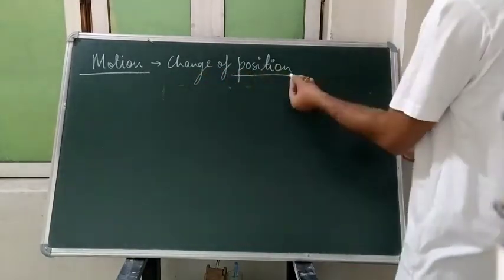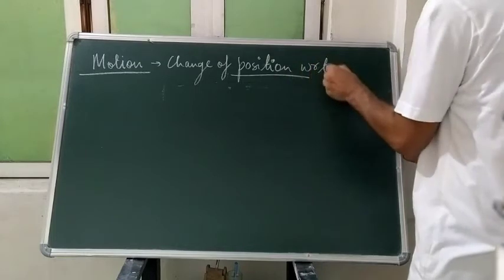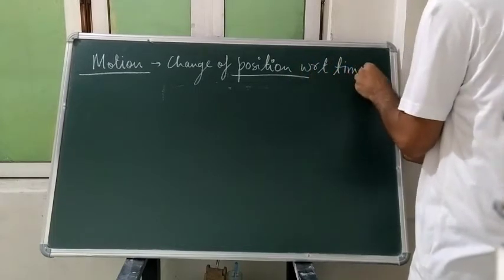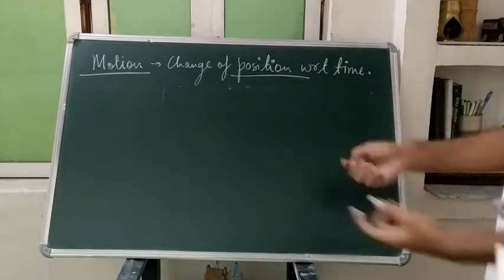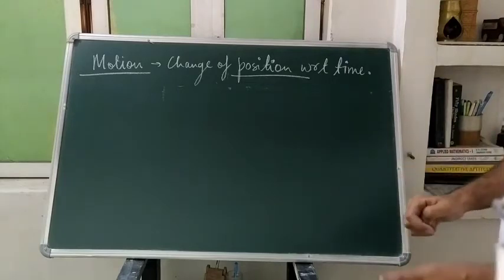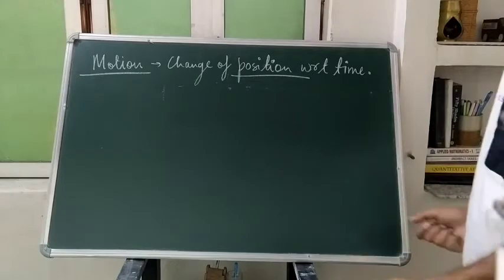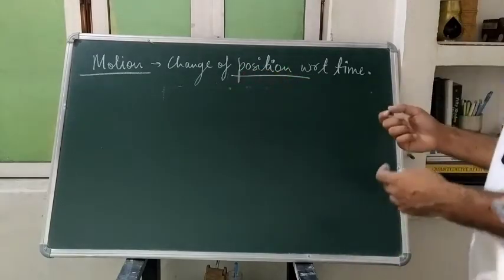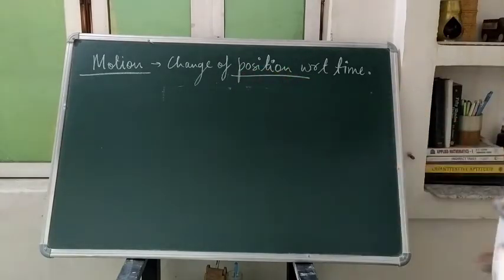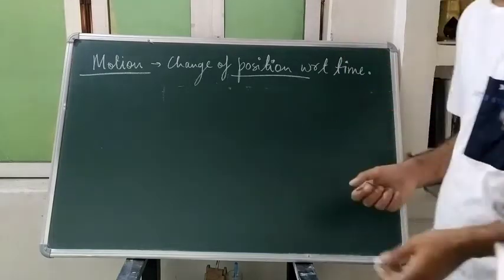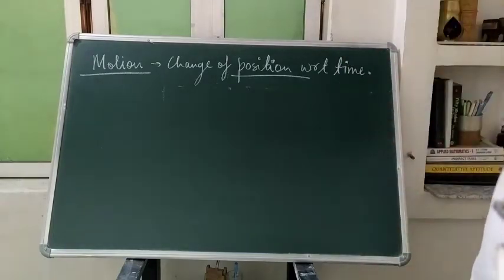Change of position with respect to time. You might have heard about position in your 9th class. Once again I am recapitulating: if the change of position with respect to time is taking place, we say the object is in motion.